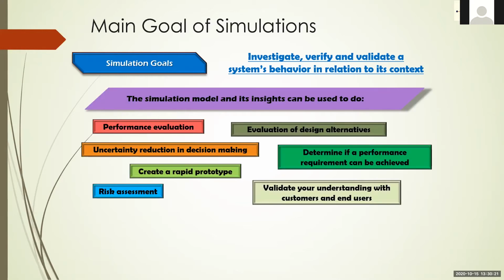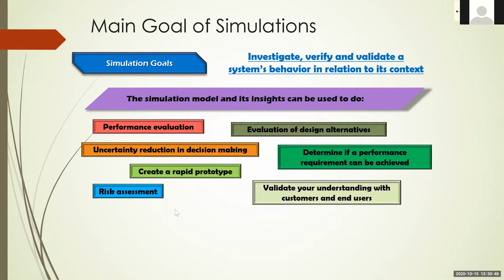Now, let's see how we can use those simulations, some of those goals. Some people may want to use simulations to understand the performance of a given device. In the example that I gave you before, we wanted to see how fast was the execution of the architecture that we built. You might also use it for uncertainty reduction when you are making decisions.